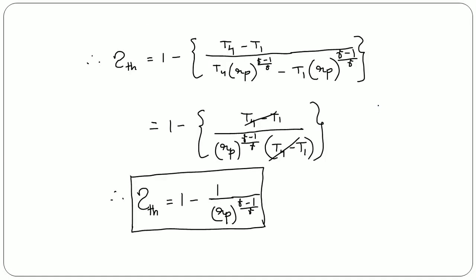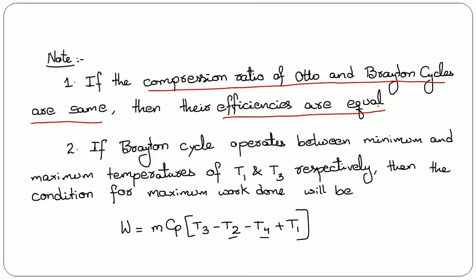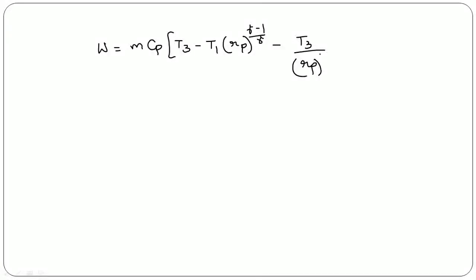Now if I substitute those values here, work done will be mCp into (T3 minus T1 into Rp to the power (gamma minus 1) by gamma minus T3 by Rp to the power (gamma minus 1) by gamma plus T1). Now let us consider (gamma minus 1) by gamma equal to some z.